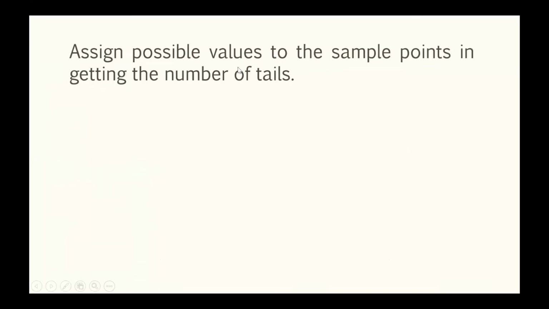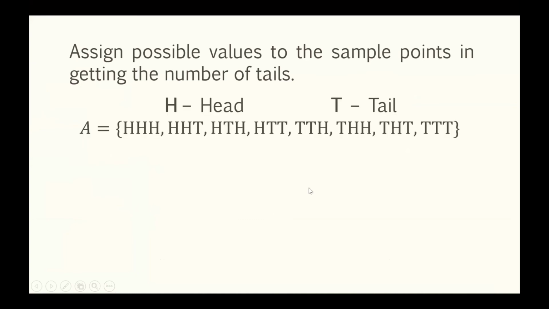The second one, we're going to assign possible values to the sample points in getting the number of tails. From our sample space A, we have 8 outcomes. The random variable is the number of tails. In one outcome, there are 3 tails.